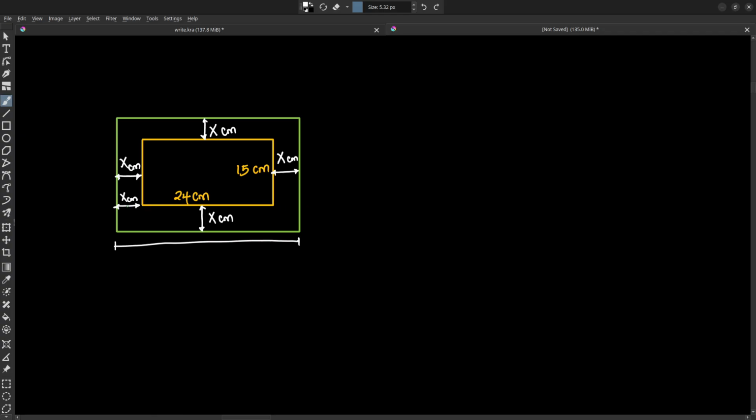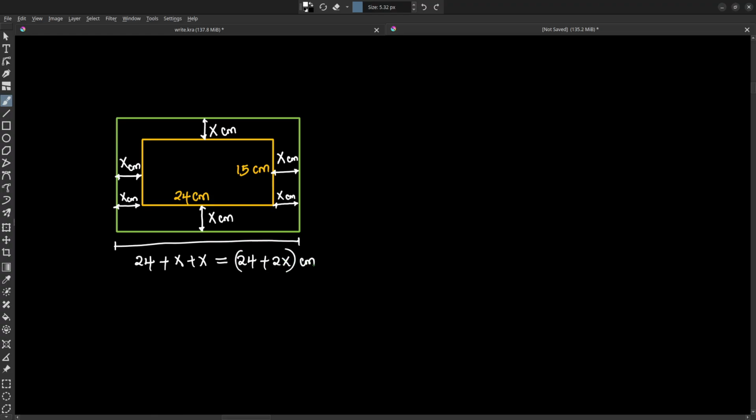So we take 24 plus this x, and then we also add this other side, which is also x centimeters, since the x width is uniform. So this outer length is going to be 24 plus 2x centimeters.